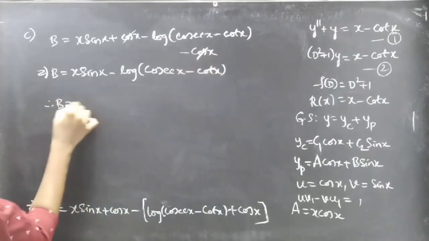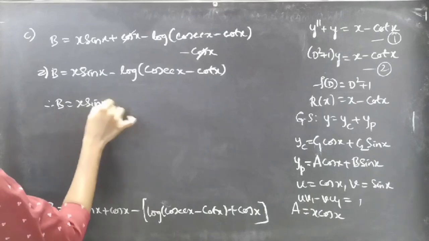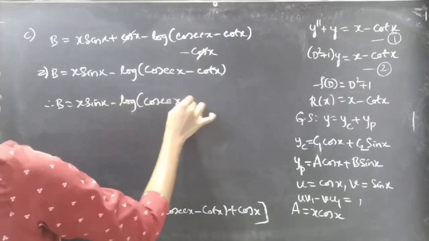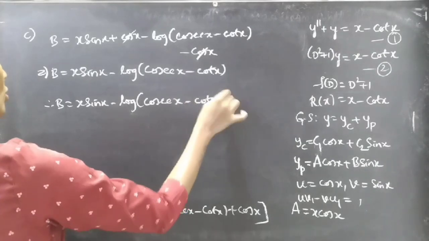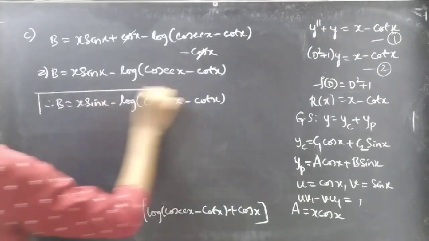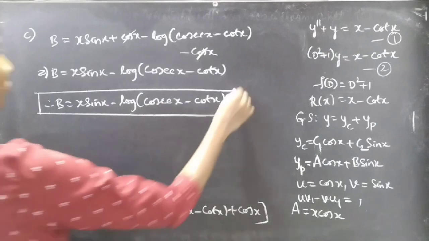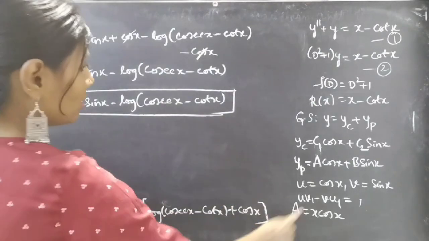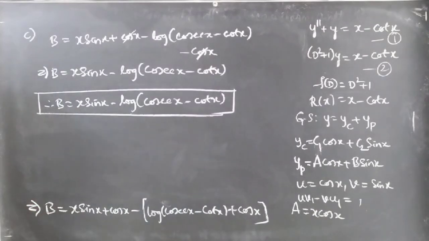Therefore b equal to x sin x minus log of cosecant x minus cot x. We got b and a. Let's now find yp.